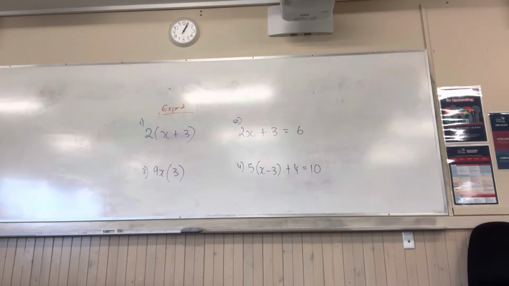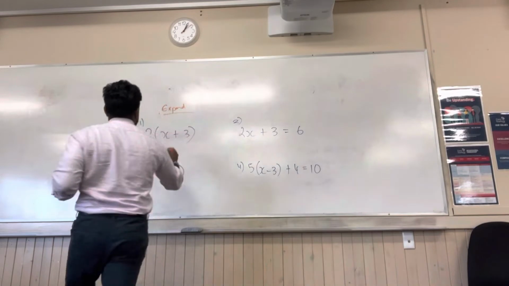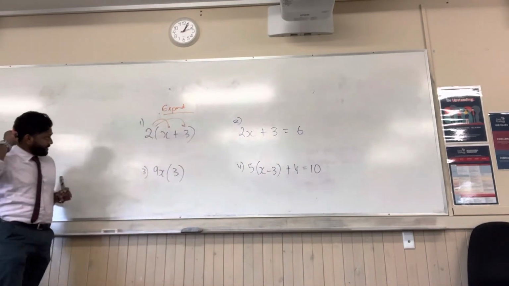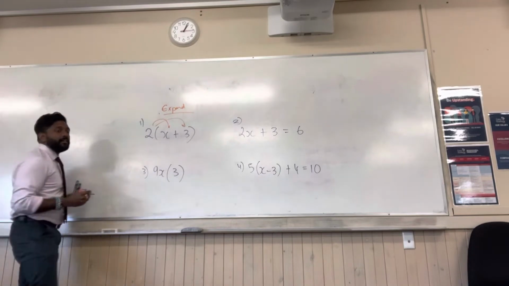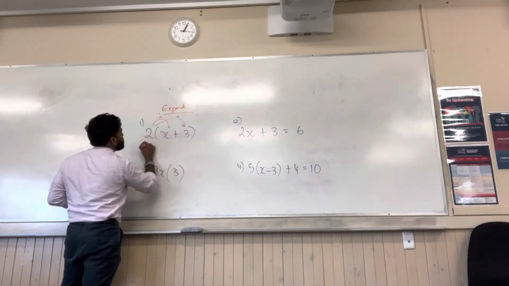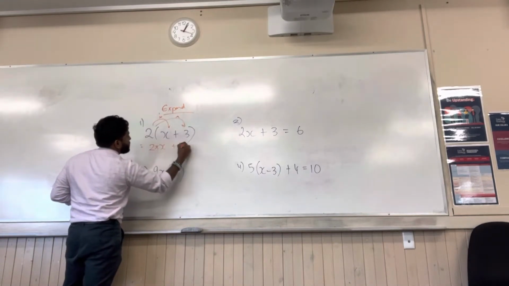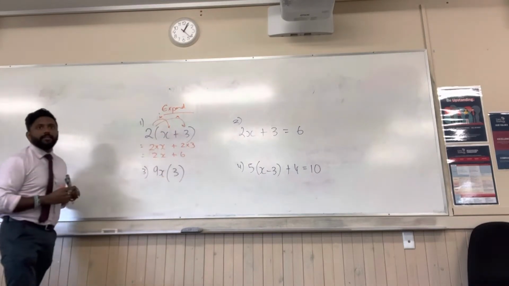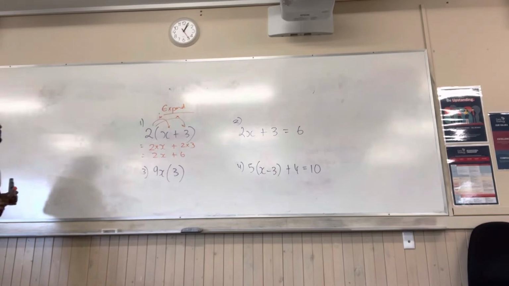In this question, that will really help you. I've been raving on about this. Arrows. And what's the 2 doing to everything inside the brackets? Timesing it. So you're going to times that. It's going to be 2 times x plus 2 times 3 equals 2x plus 6. That's your answer.